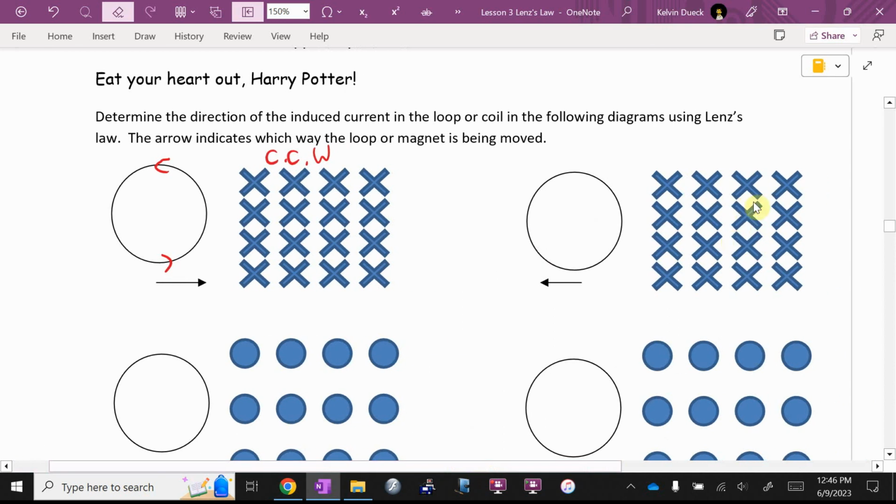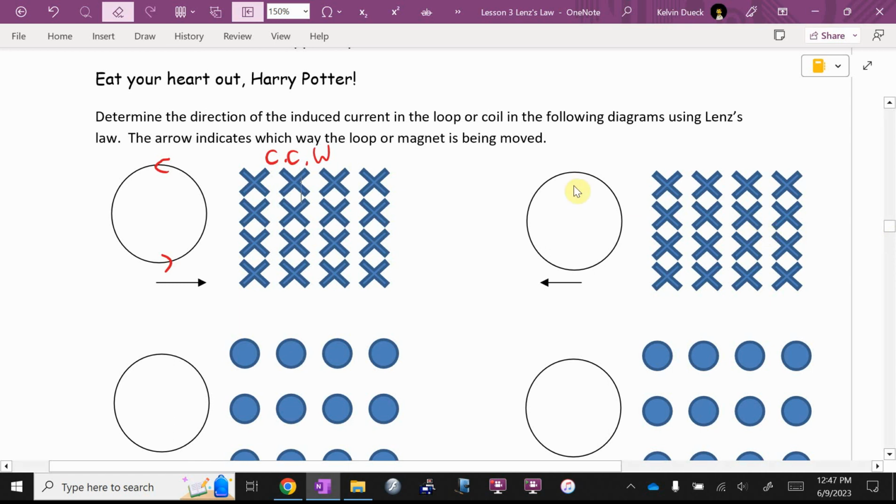What about if we started into the page and ended up with nothing? Well, really what we're doing is we're making into the page weaker. What would resist making into the page weaker? What's the opposite of weaker? Stronger. Now you're going to get a strong field, doing it in reverse.